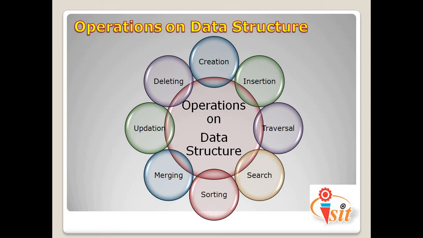Also we can search for a key element in a data structure. We can sort the data into ascending order as well as descending order. We can combine two data structures, that is called merging. We can replace the old value with the new value, that is called updation. And the last thing is deletion. We can delete the data from a data structure from the beginning, from the end, or from a desired location.